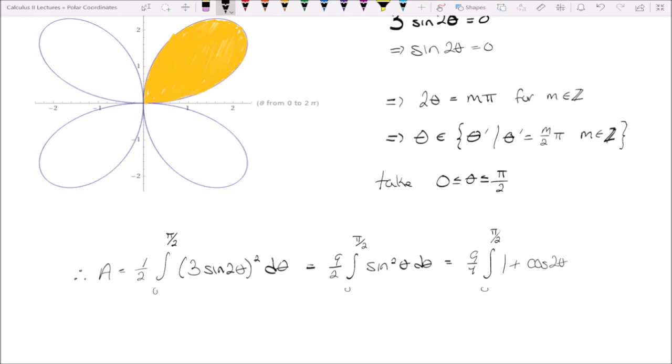These should be 2's, I'm sorry. There should be a 2 theta in here, which makes this a cosine of 4 theta d theta.